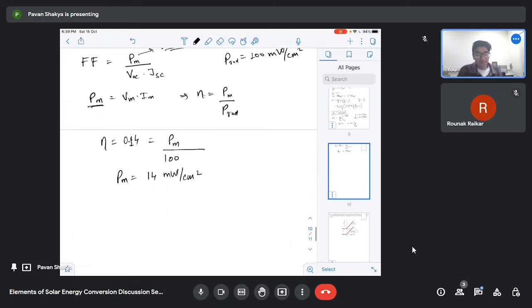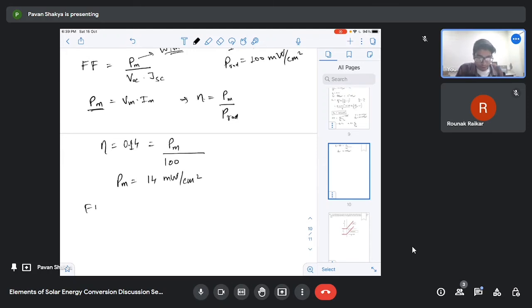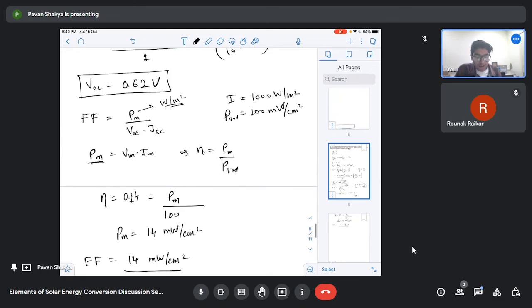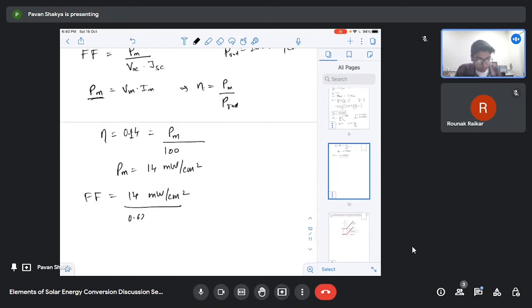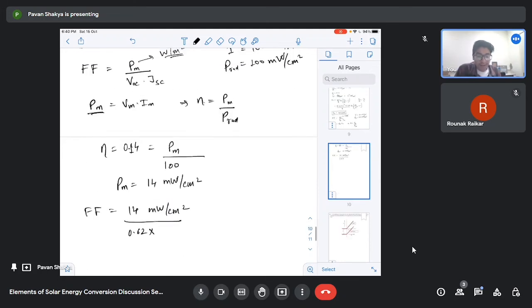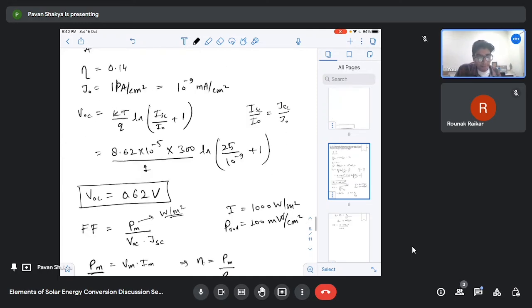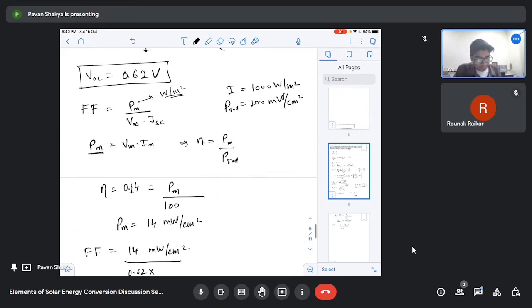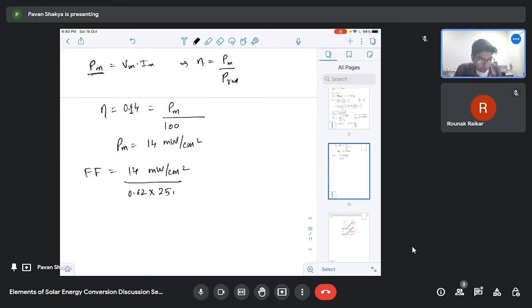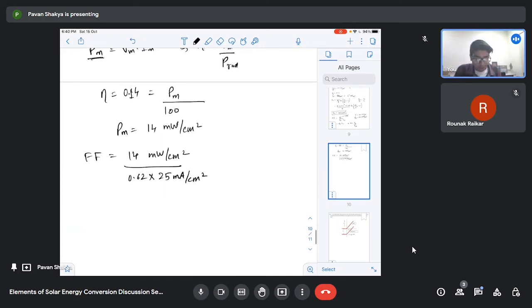Okay, now we can calculate the fill factor. That is given as PM, that is 14 milliwatt per centimeter square, divided by the VOC that we have calculated as 0.62, multiplied by this JSC that is given as 25 milliampere per centimeter square. Okay, so when we solve this, we will find that this fill factor comes out to be 0.9.